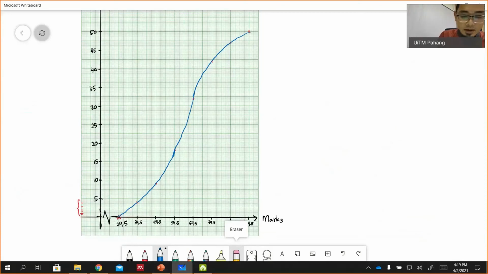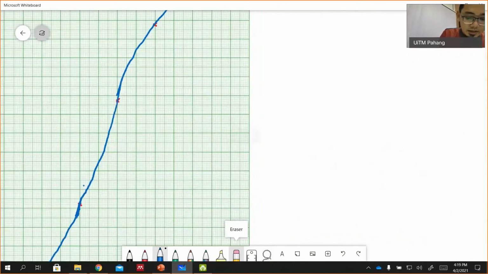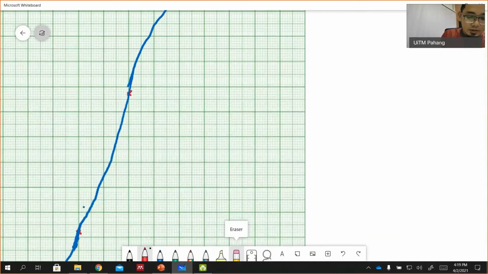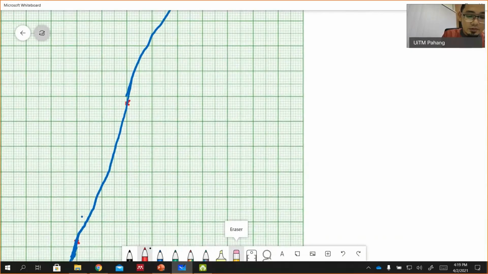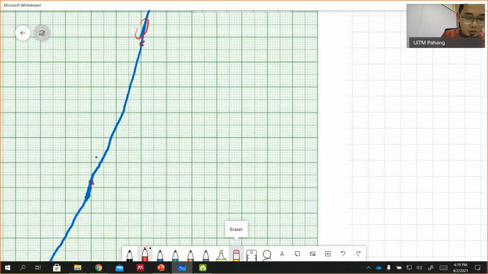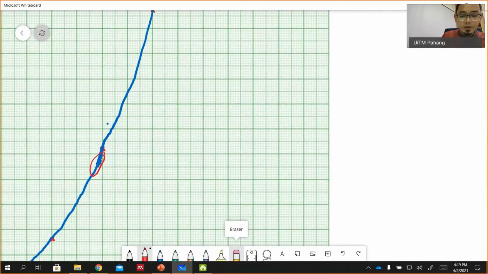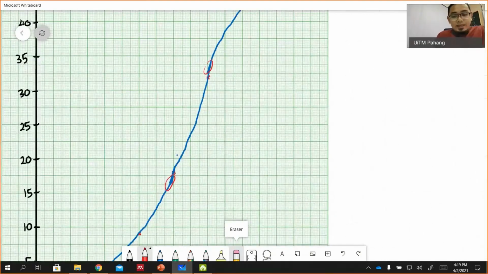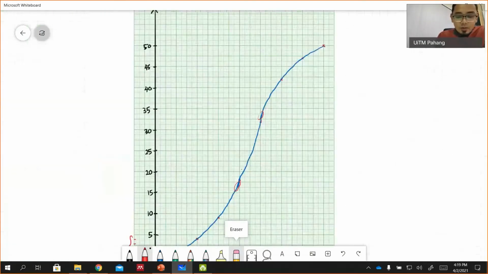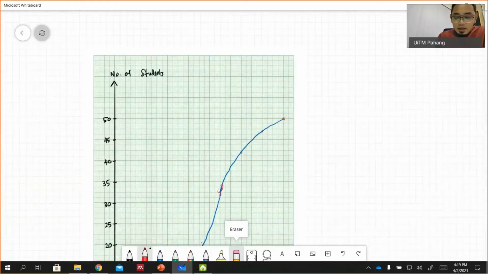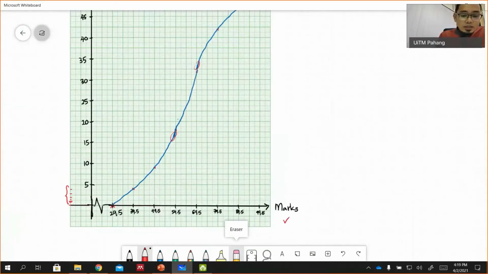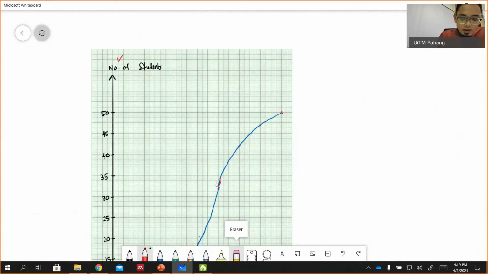This double line here. These are the common mistakes that students make, double lines. We don't want to see this, right? So if you do this, then you have to redraw, right? Please draw smoothly, right? So this is basically the ogive, right? So you have marks on the x-axis and number of students on the y-axis, and then you have to label the title, right?